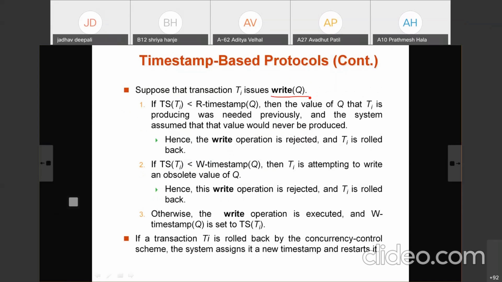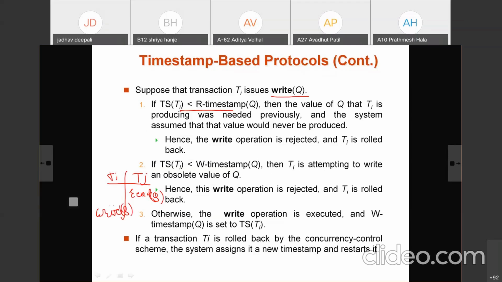Now the next one. If the transaction is issuing a write operation: if TS(Ti) is less than R-timestamp(Q), then the value that Ti is producing was needed previously.